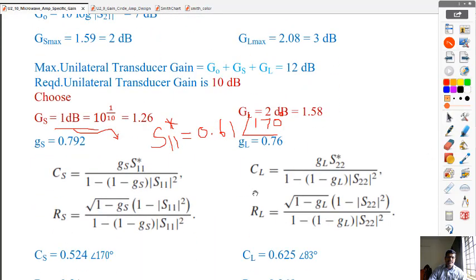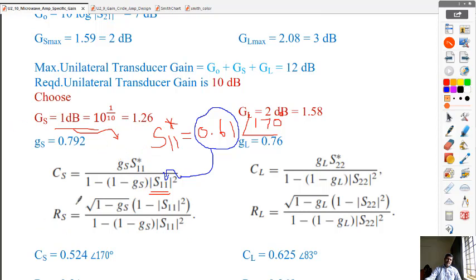Now we substitute this value in this expression and simplify. For the modulus of S11, you simply have to take the amplitude alone. Now you substitute the amplitude only in this place, and then simplify this expression.